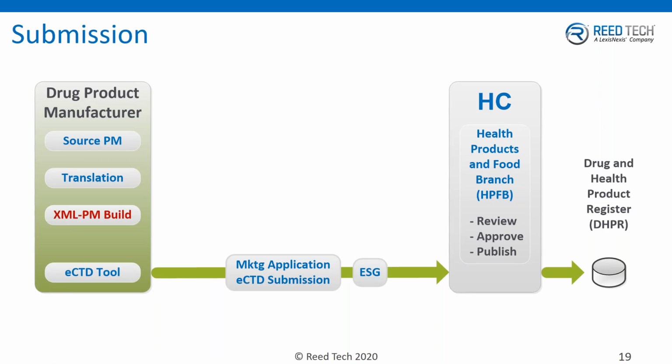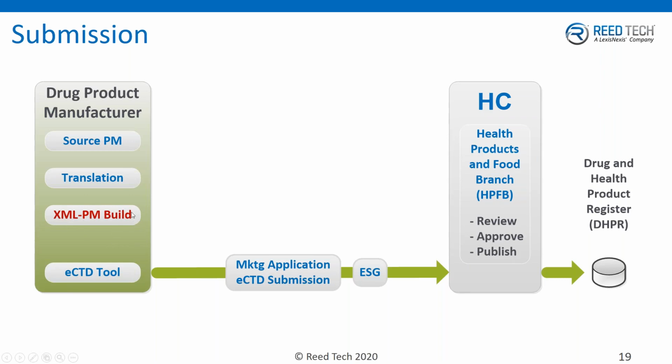Various teams are obviously involved in that: regulatory, legal, production, and so on. So nothing new there. Generating that source product monograph is something that you're already familiar with, as well as the translation activity. With English and French being required, the solutions are already in place for that activity, making sure that you have both languages available.